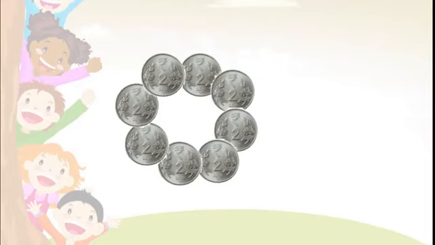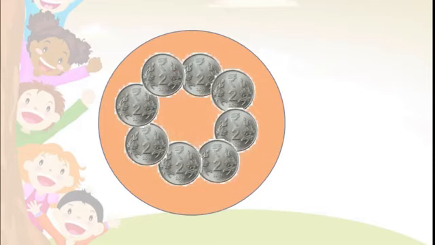Means we can see here 1, 2, 3, 4, 5, 6, 7 and 8 coins of 2 rupees each. Right? So, the total of these coins is equal to rupees 16. Isn't it? Okay. Some more we will add.